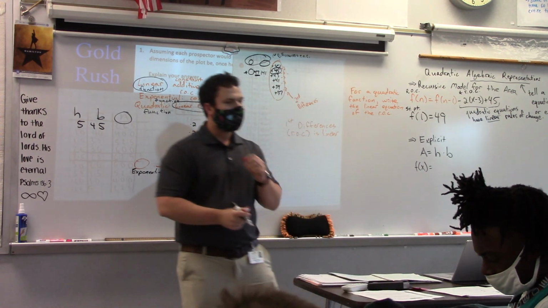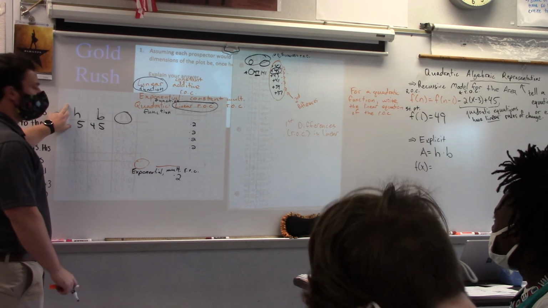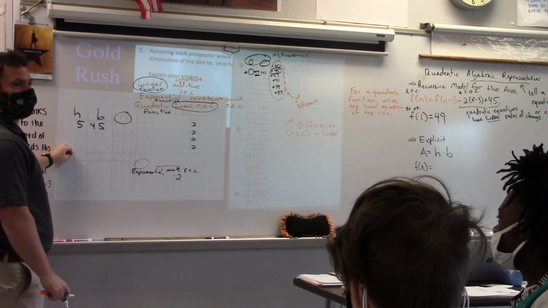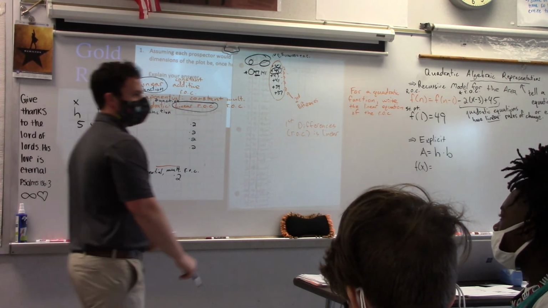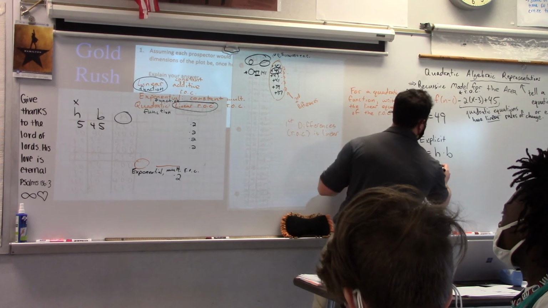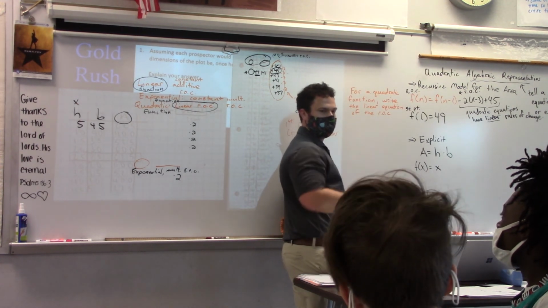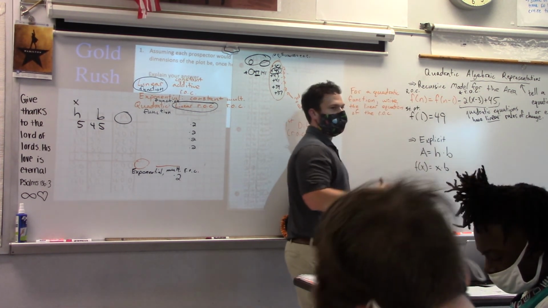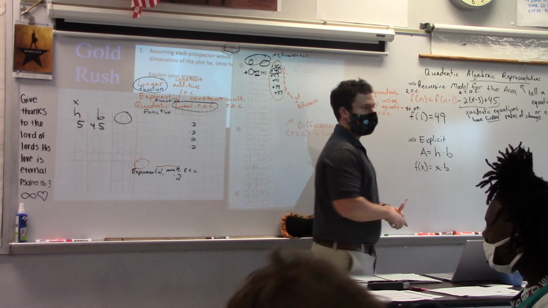Now I want you to notice I'm changing the height, right? Like I choose what the height is. So I'm going to let my height be x. So I'm substituting x in for h. So my height is my independent variable. That's what I'm changing. Now, if I just put a b here, I still have how many independent variables? 2. Can I have 2 independent variables? Heck to the nom.